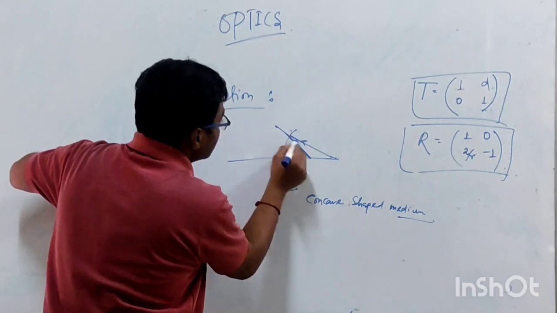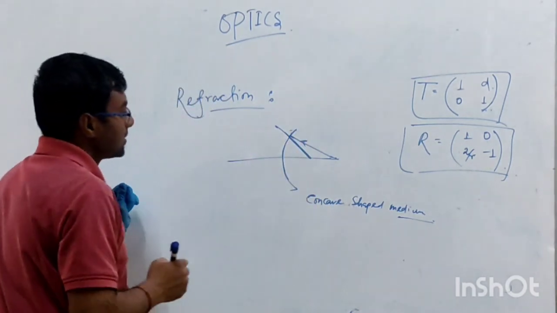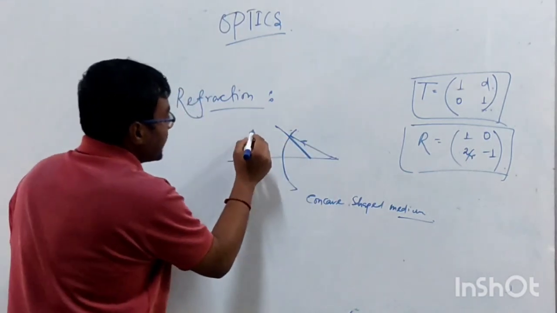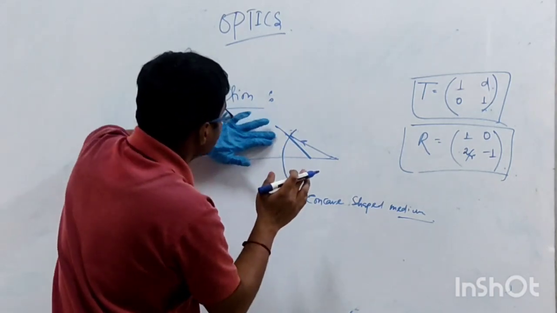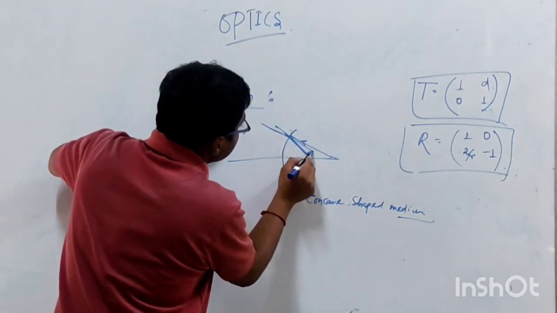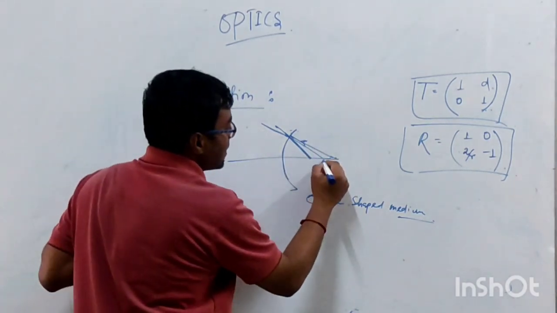Obviously, that is the normal to the curved surface. And if we draw the refracted light, then it will be this one. If we extend this, it will form this line which cuts the principal axis at point B.